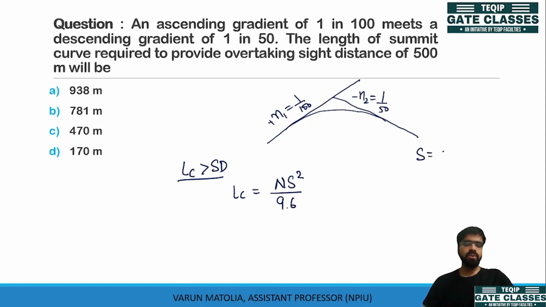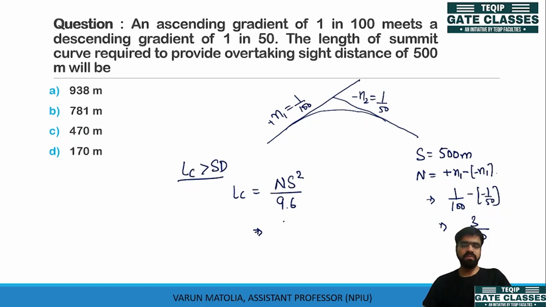Your S is your OSD, that is 500 meters, and your N is plus N1 minus N2. Let us write 1 by 100 minus (minus 1 by 50). This is 3 by 100. Let us put the values in: 3 by 100 multiplied by S square, that is 500 multiplied by 500, and the whole divided by 9.6.